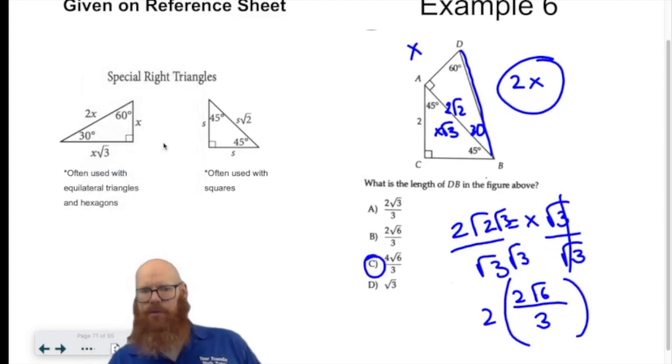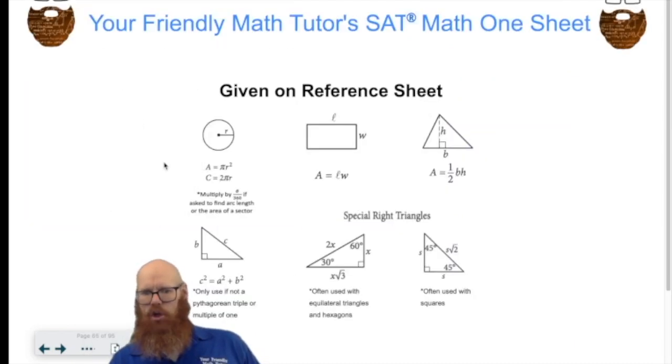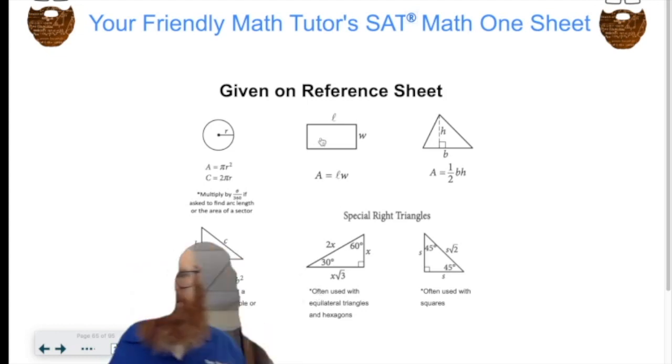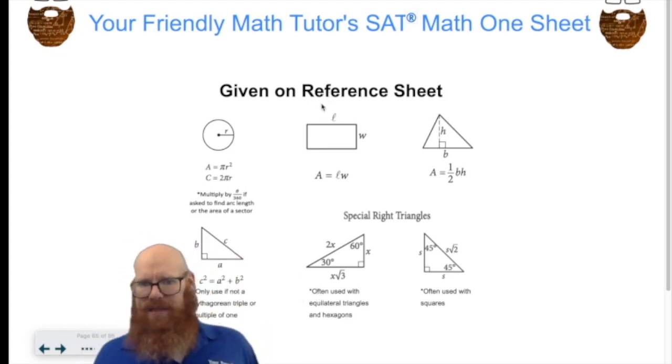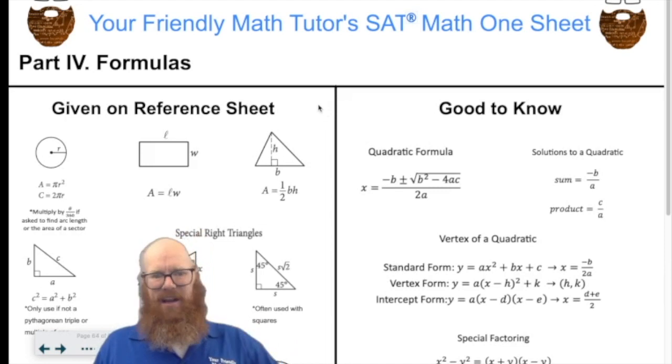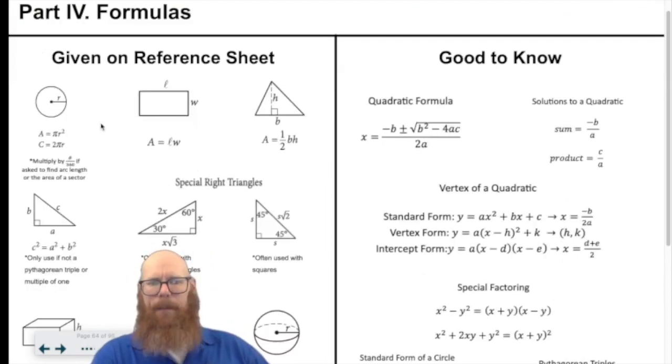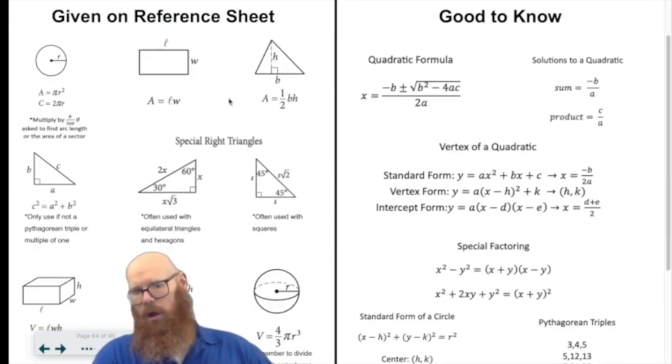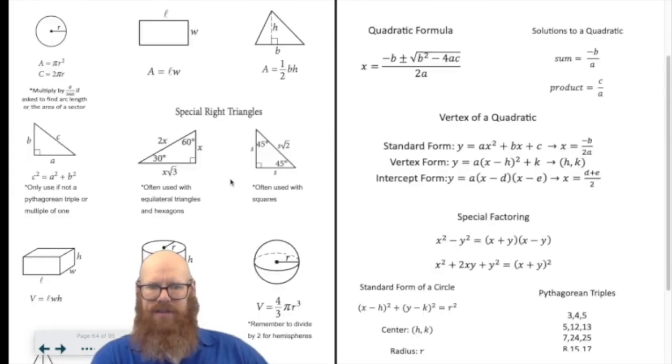All right, so that concludes our reference sheet part 1, which is video 6 here, which is just the top half of what's given on the reference sheet. Our next video, we will dive into the second part of that.